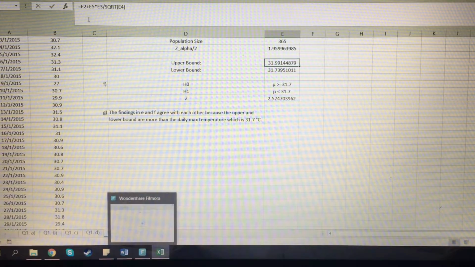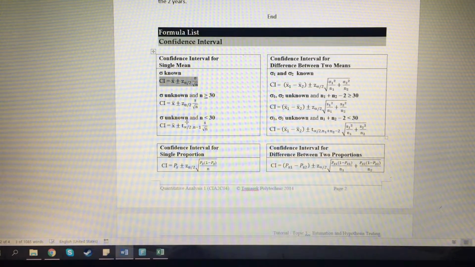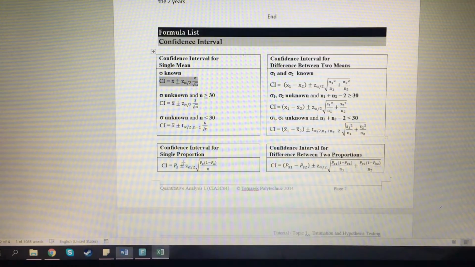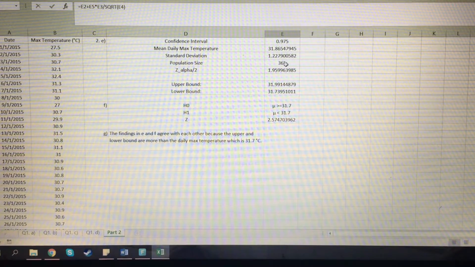So I use the mean daily max temperature plus the Z alpha over 2, then I multiplied by the standard deviation, and then I divided by square root E4, which is the population size.